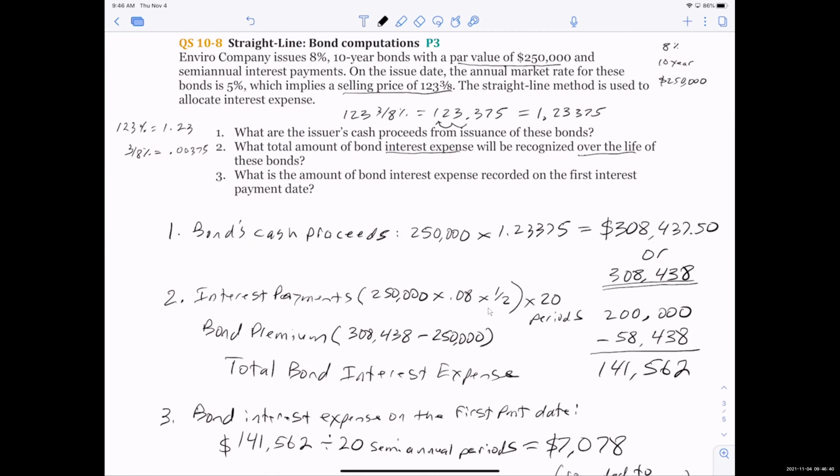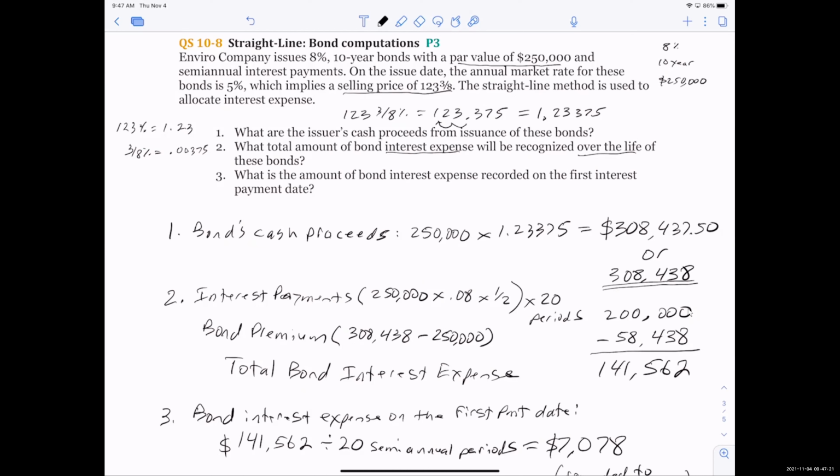How many periods is that? Well, it's a 10-year bond, and we do these interest calculations semi-annually, 2 a year for 10 years. That's 20 periods. So that's why we go times 20. So there it is, 200,000 of actual cash interest payments.